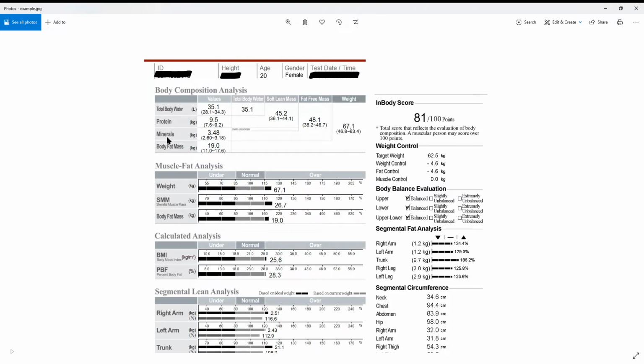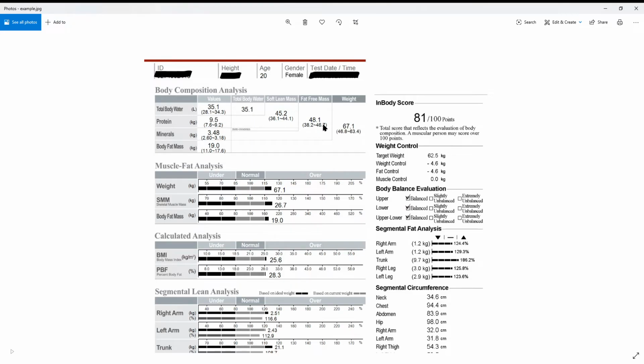Then we have your minerals throughout your bloodstream and also inside your bones, and body fat mass, stored energy. Looking at the first three measurements, if a person has a high amount of muscle mass, their values may be over that normal range. On the right hand side, we have your total weight.